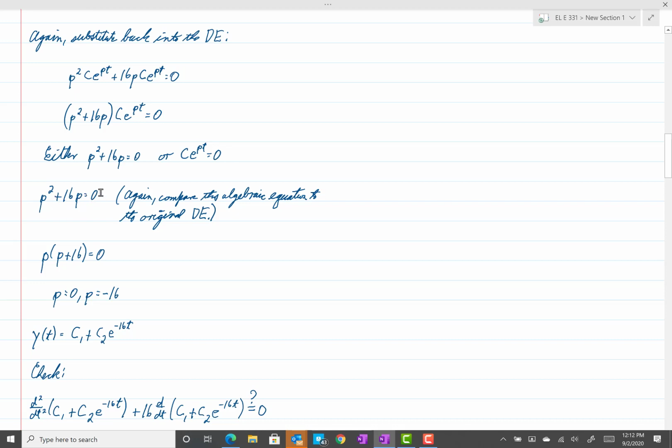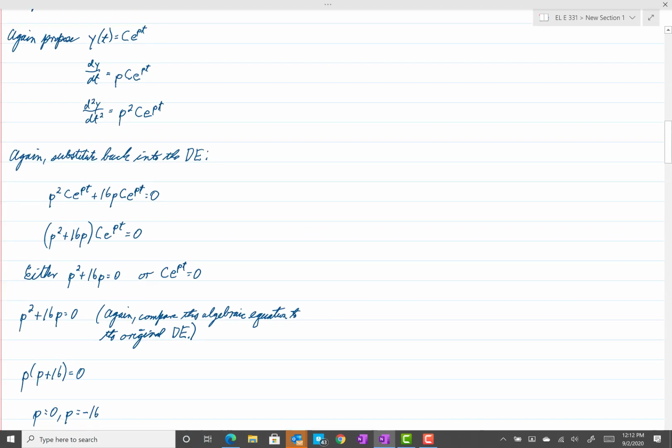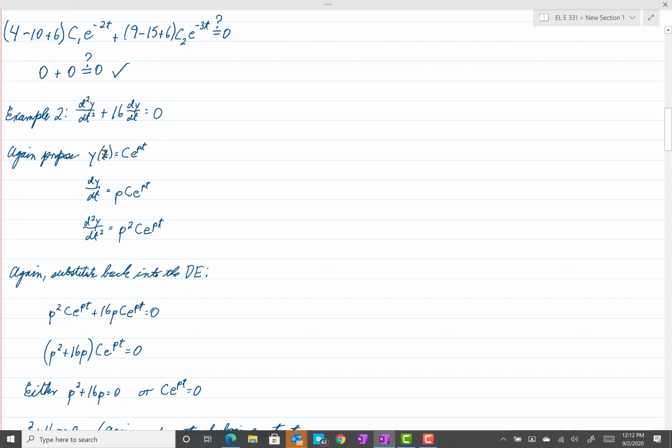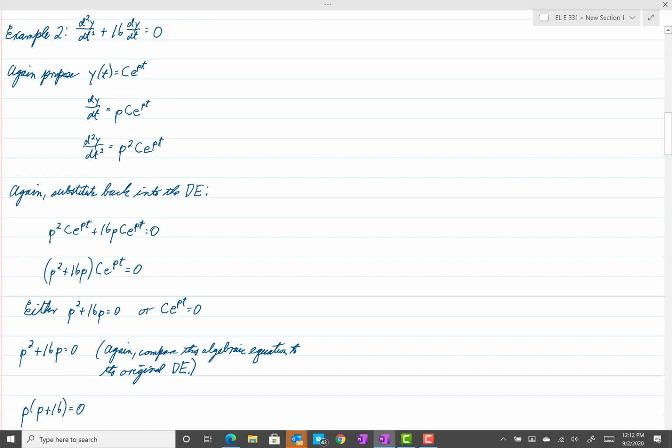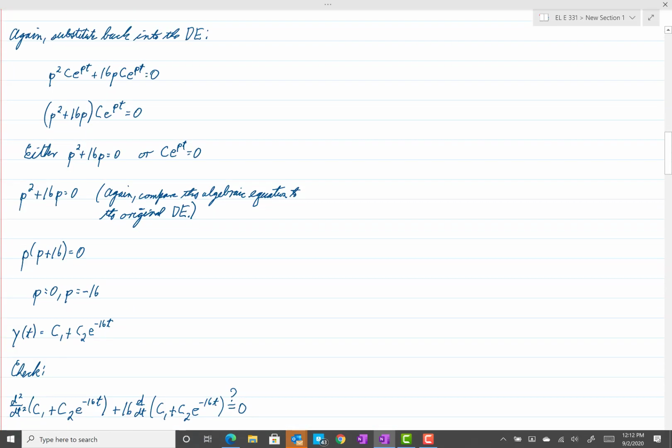And once again, I encourage you to compare this equation with what we started with. And so you can see the second derivative becomes p squared, the first derivative becomes p. So we get p squared plus 16p equals 0. Right there.